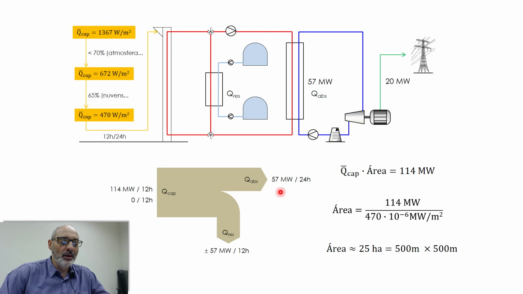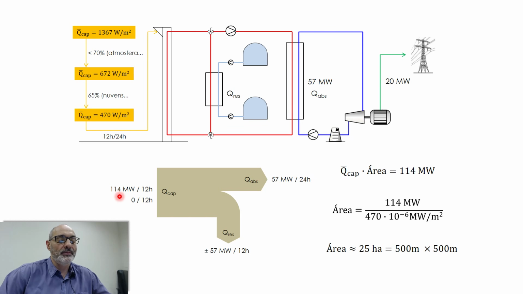Half of these 114 megawatts goes to the secondary cycle, 57 megawatts, and this during 24 hours a day. And the other half goes to the storage system. During 12 hours a day it's negative, and during the other 12 hours of the day it's positive. So that's what's happening in terms of a Sankey diagram.